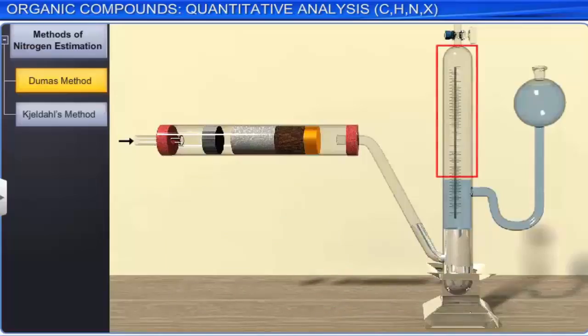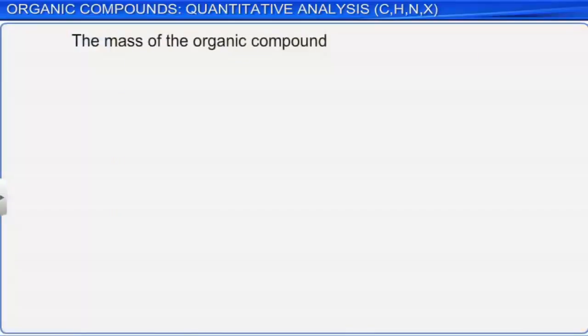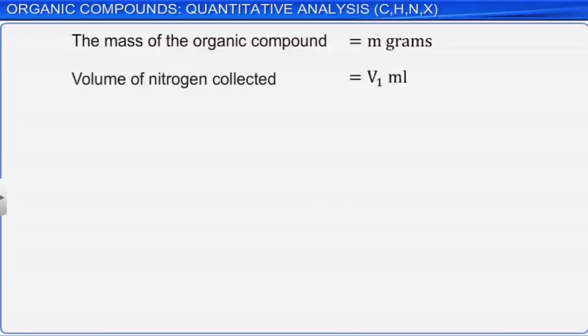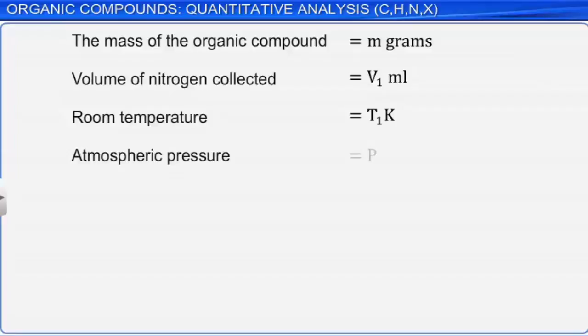From the volume of this nitrogen collected, the percentage of nitrogen in the compound is calculated. If the mass of the organic compound is m grams, the volume of the nitrogen collected is V1 ml at room temperature of T1 Kelvin. The atmospheric pressure is P and the aqueous tension at T Kelvin is P dash.